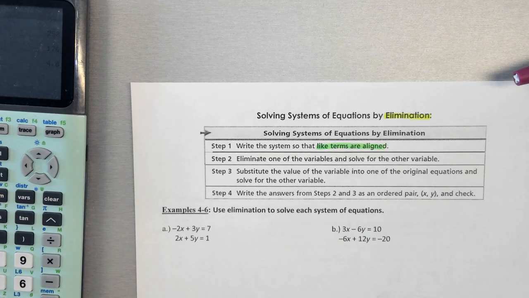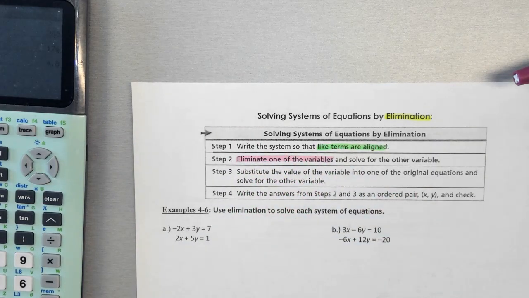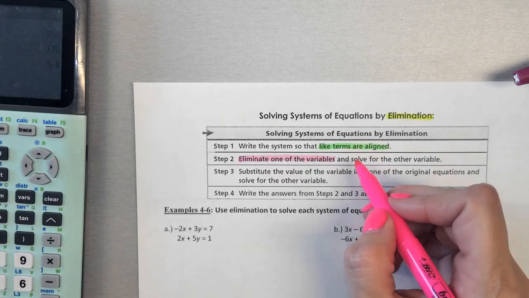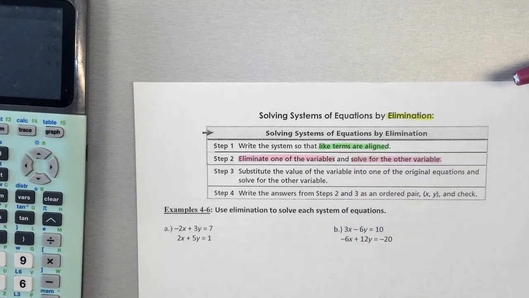Then you are going to eliminate one of the variables. Again, you choose. You can eliminate the X's or the Y's or the A's or the B's. It just depends on what you have. Once you do that, you solve for the other variable.